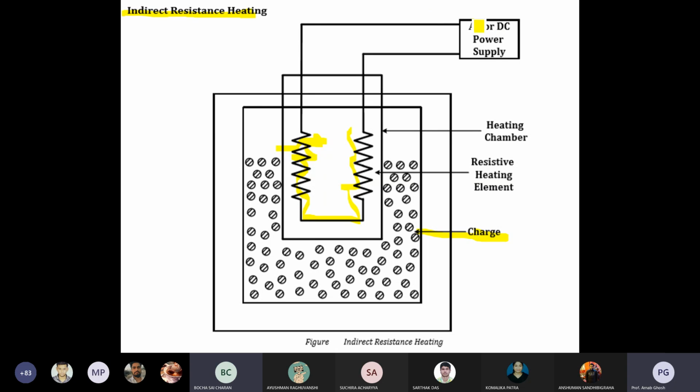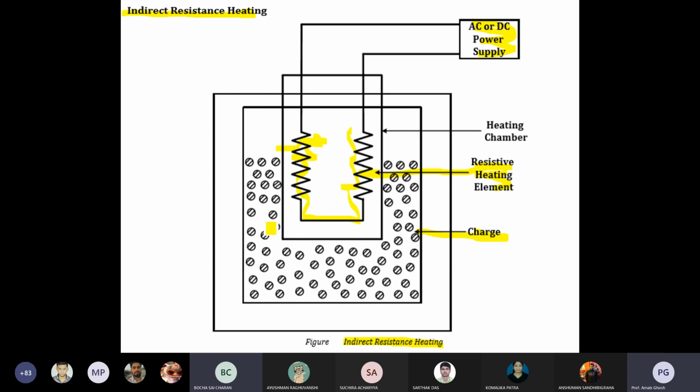The AC or DC power supply is there, this is your heating chamber, and these are the resistive heating elements, with the charge placed inside. This is indirect resistance heating. If you switch the power supply on, then due to the heat energy your charge material will melt down.